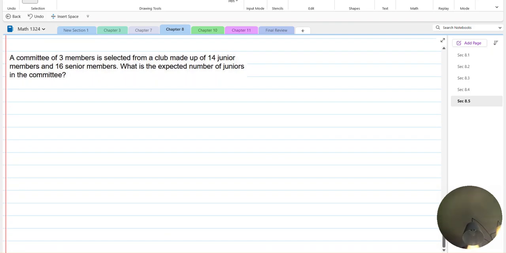Now we're at the last one. A committee of 3 is selected from a club made up of 14 juniors and 16 seniors.